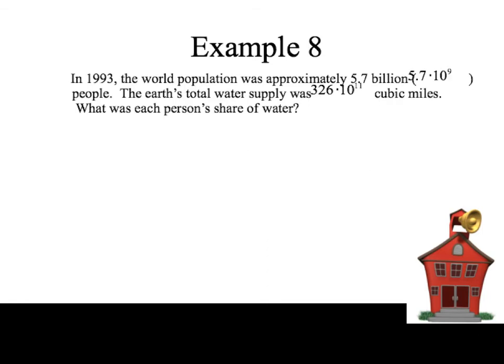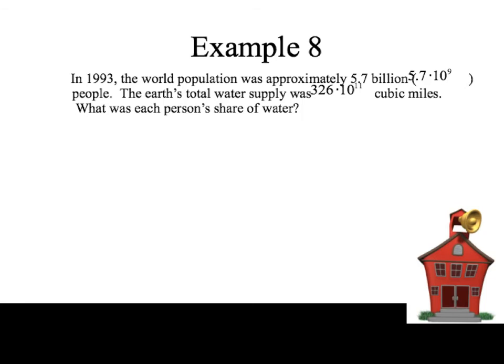And finally, in example 8, we want to apply these properties to a real situation. So in 1993, the world population was approximately 5.7 billion, which is 5.7 times 10 to the 9th power. The Earth's water supply was 326 times 10 to the 11th cubic miles. What is the person's share of the water?